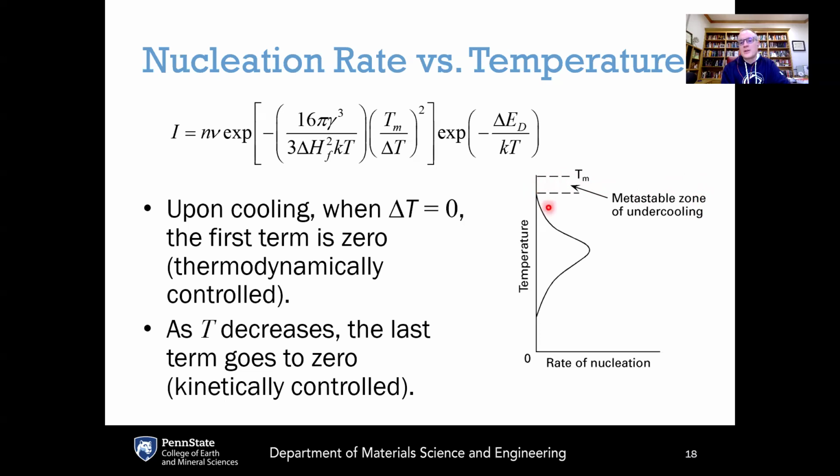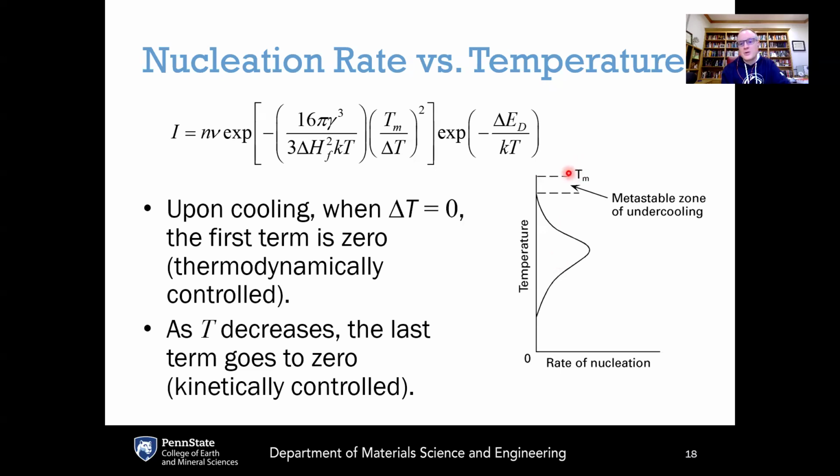But the further that you lower the temperature, the greater the driving force for nucleation, because as you go lower and lower in temperature, the advantage that you get in Gibbs free energy of the crystal becomes so much greater compared to that of the liquid phase itself.